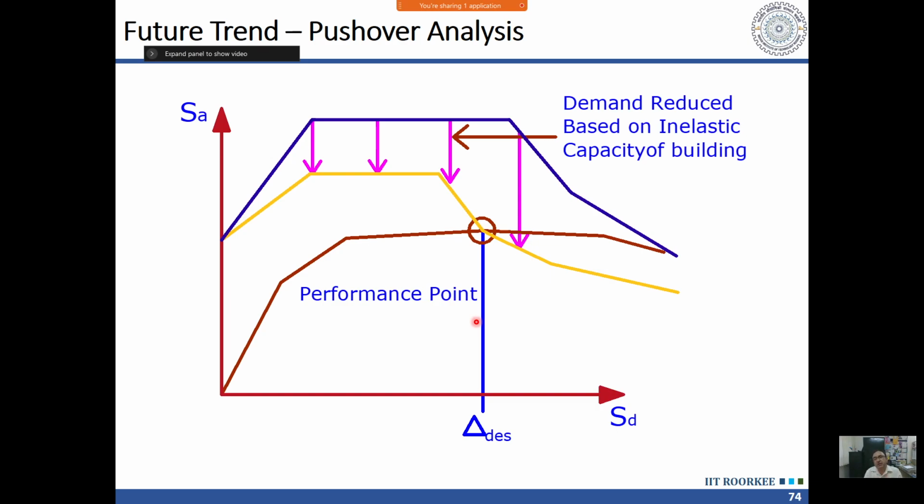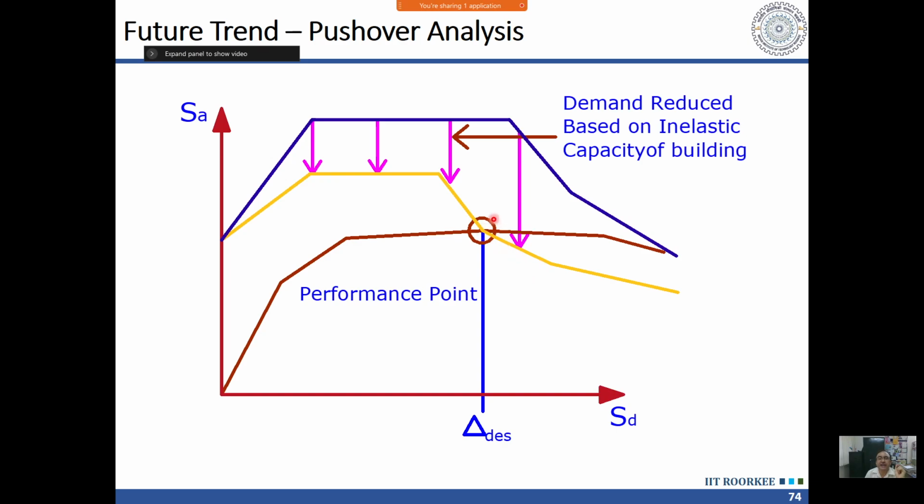So equivalent damping is changing, whereas the response spectrum is for a given damping. It may be for 5% damping, it may be for 10, 20, 30, any damping, but it is for a constant damping. So what we have to do is calculate the equivalent damping corresponding to each displacement of my structure, of my capacity curve, and then reduce the demand corresponding to that damping.